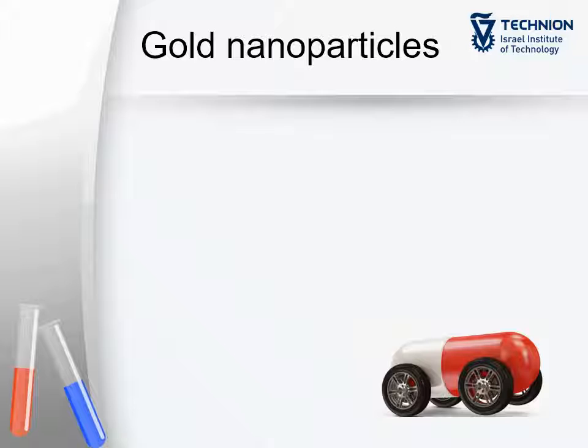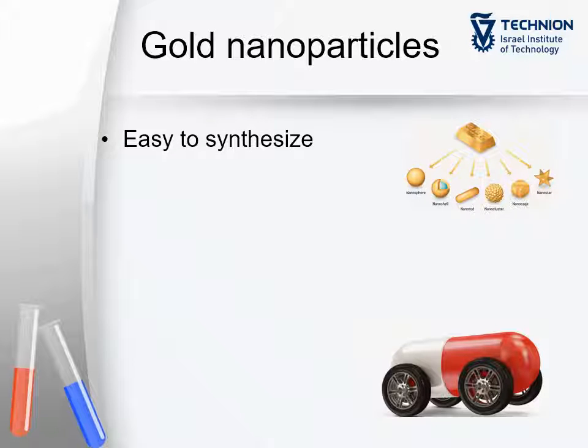So, why are gold nanoparticles a preferred nanomaterial? Among the various nanomaterials described above, the biomedical use of metallic nanoparticles, especially gold nanoparticles, has piqued interest as they offer manifest advantages.